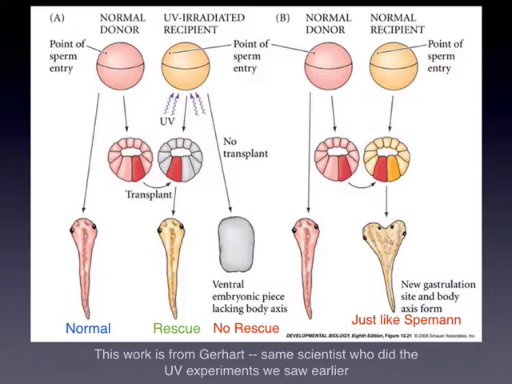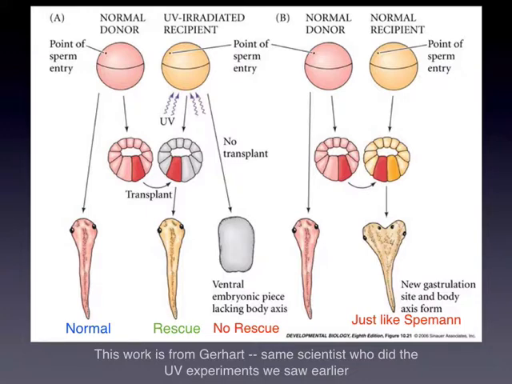So what he showed was you could actually transplant a cell from, we're talking here like a 16-cell embryo. You could take a cell that's in the region that will become the dorsal blastopore lip and transplant that to the UV exposed embryo and rescue it.